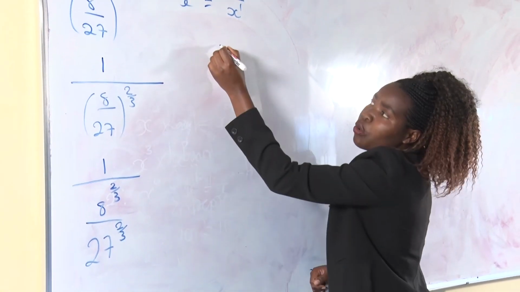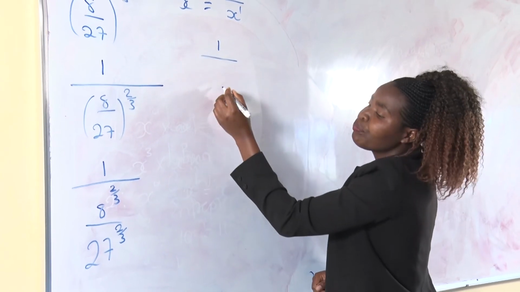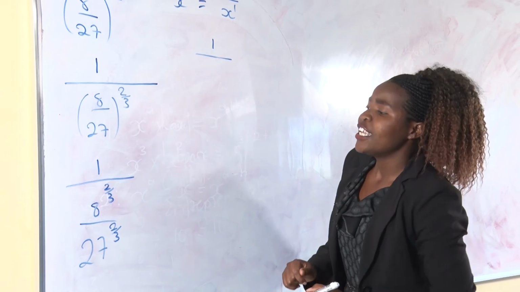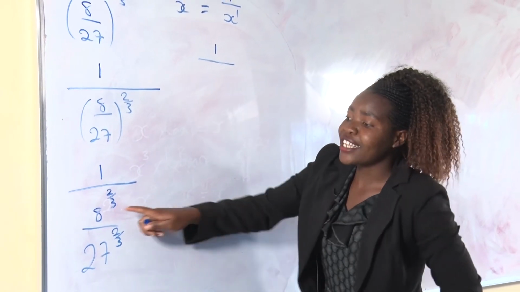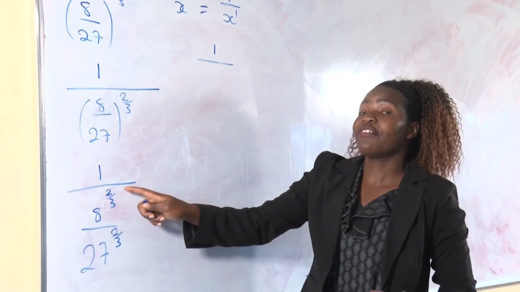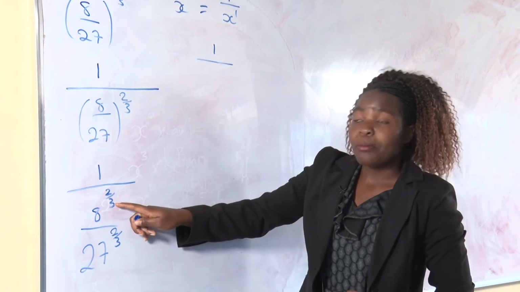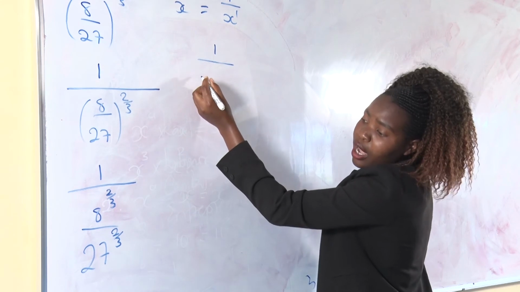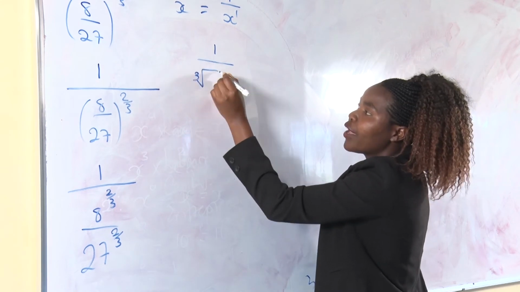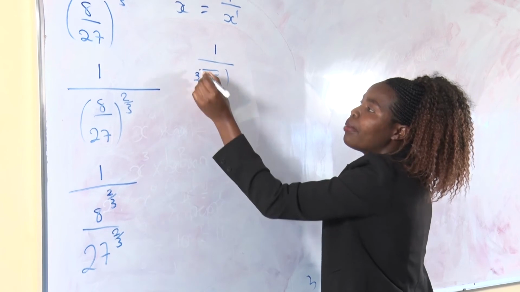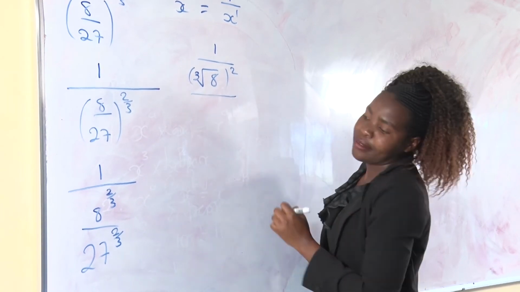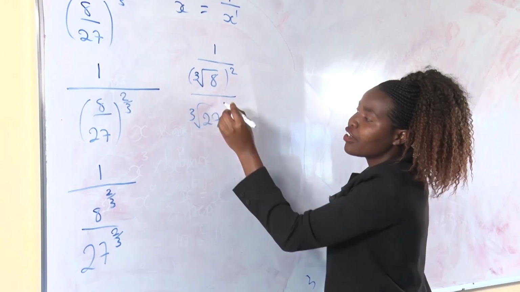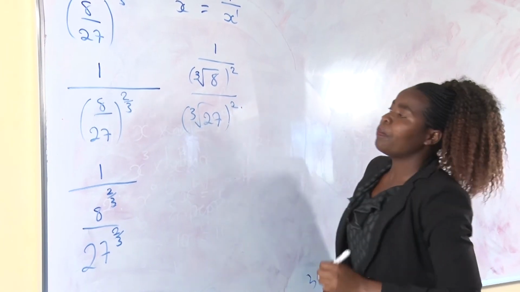It becomes 1 over... Here, remember our law number 6 states that if a number is being raised to a fractional power, the denominator of the power is the root. So here we want to look at the cube root of 8 being raised to the power 2 over the cube root of 27 being raised to the power 2.